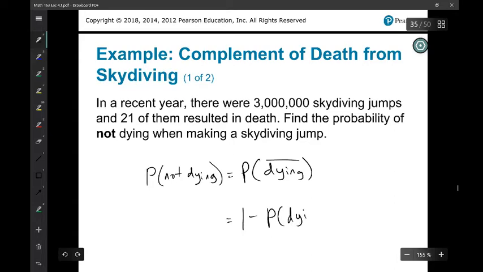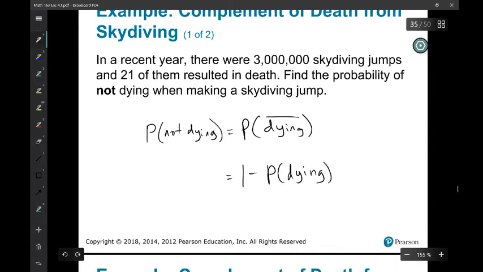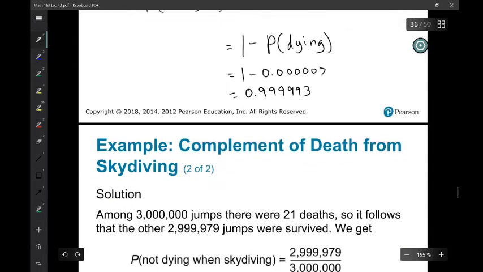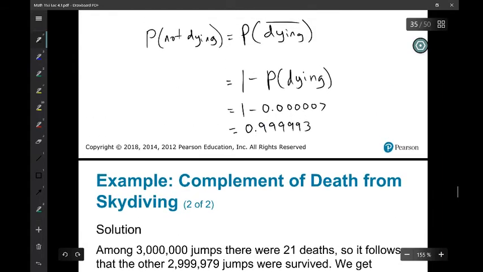So the probability of not dying, the opposite of dying, is 1 minus the probability of dying, which is 1 minus 0.000007, which would be 0.999993. So very likely to survive.